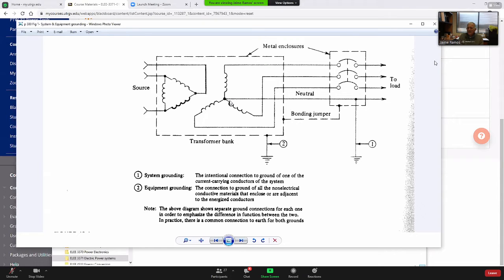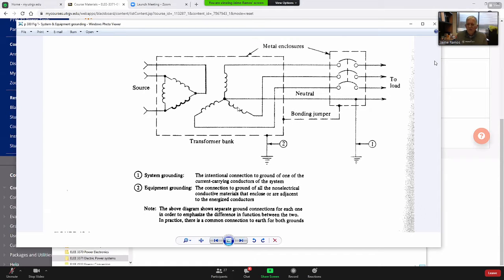The neutral is part of the system of conductors. So the system is grounded through the neutral in the secondary of the transformer. Here we have a delta-wye transformer. The delta is not grounded, only the secondary through the neutral.